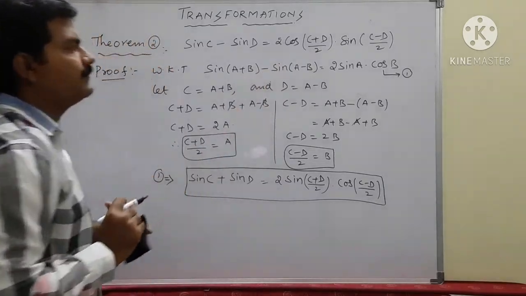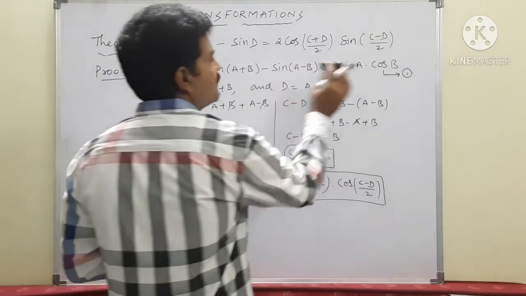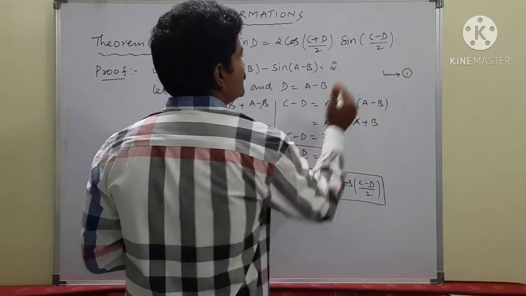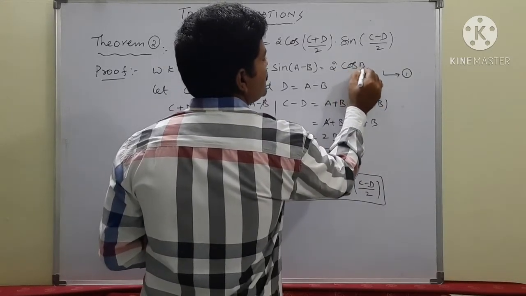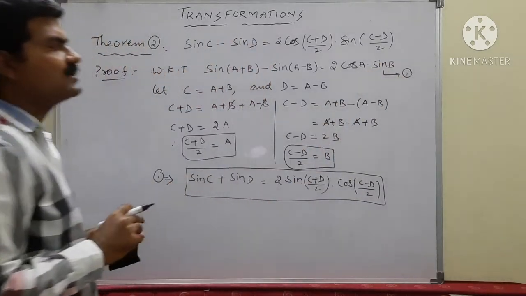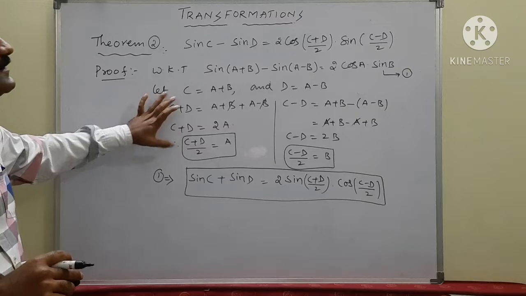So same as the previous one, sin of a plus b minus sin of a minus b is equal to, what we know, 2 cos a into sin b. Let it be considered as equation 1, and the rest of them are same.